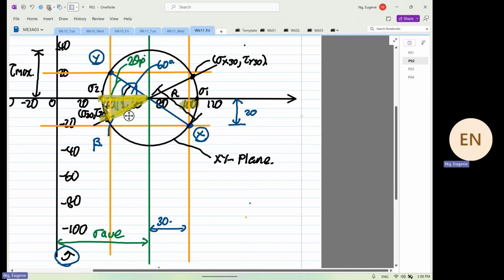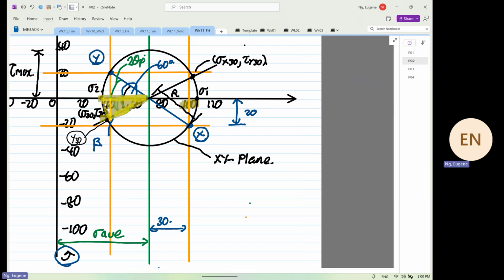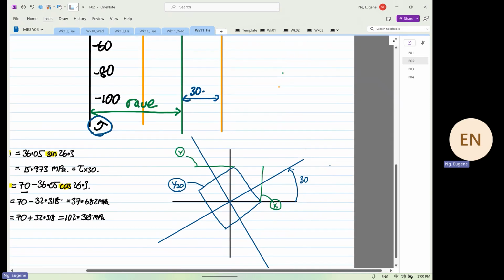Going to this point over here, can you also label this point? In fact, it is our Y30 point, right? And this point over here is also our X30 point, okay? So for the Y30 over here, we know the normal stress is what?